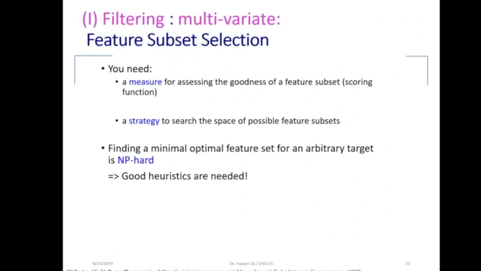All right, so this is how you perform multivariate subset feature selection. You need two different modules. The first module is a measure for evaluating that subset. The second module is a strategy to search that subset.